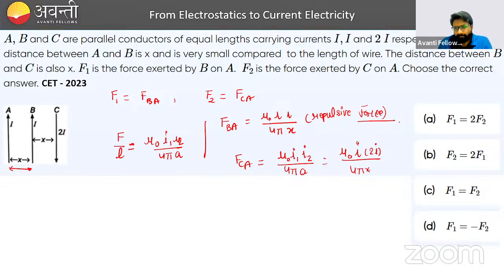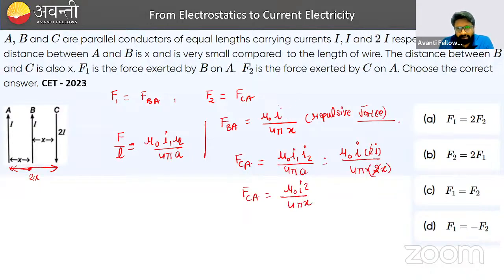It is 2x. The perpendicular distance between wire A and C is 2x. So this 2 and 2 will cancel out. Clear? So FCA is equal to mu naught I square upon 4 pi x.